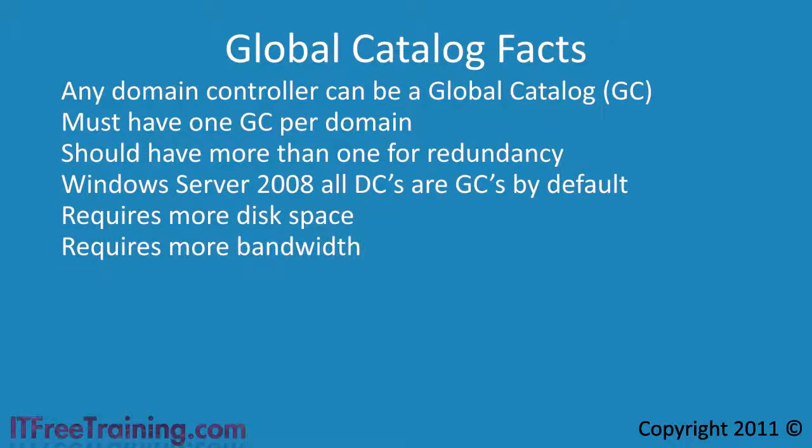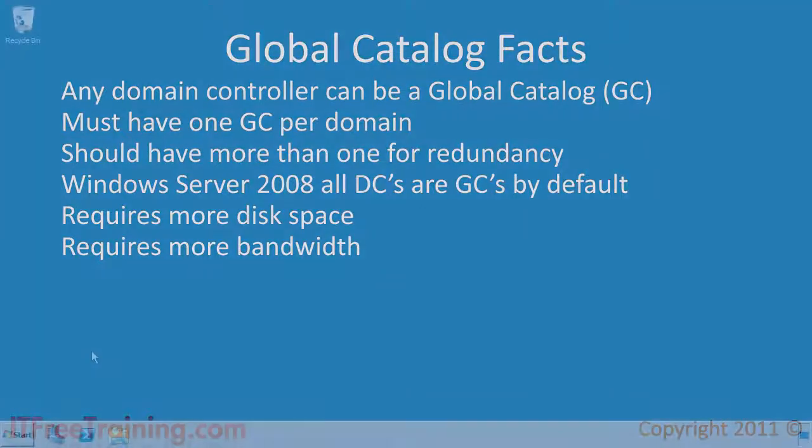Nowadays, with disk space and network bandwidth becoming a lot cheaper and more available, making all domain controllers into global catalog servers is not such a big concern as it once was. For these reasons, this is why Microsoft makes all domain controllers global catalog servers by default. You can always switch this off when you promote the server or later on if you decide to.